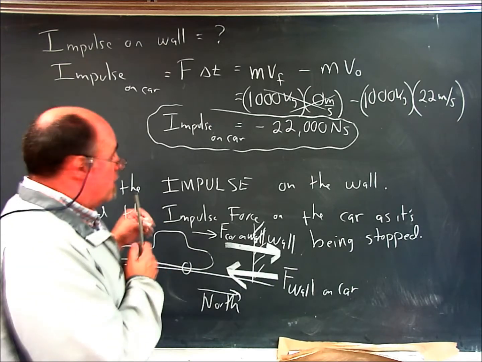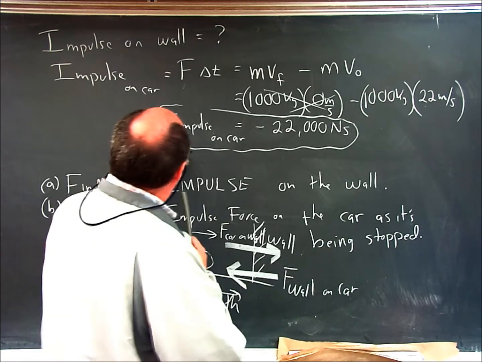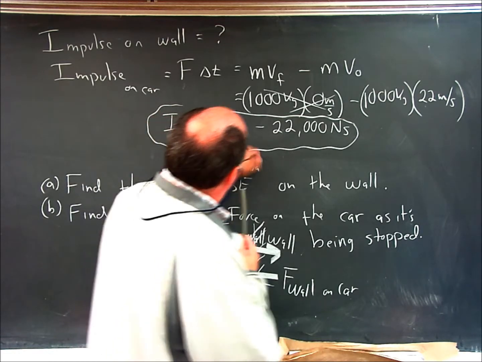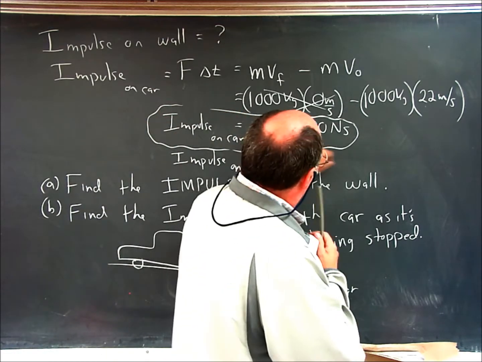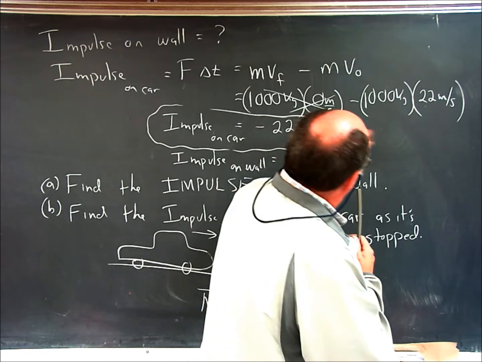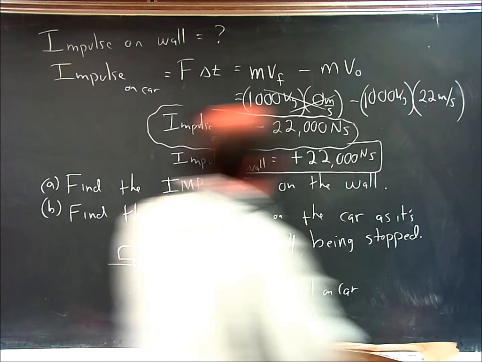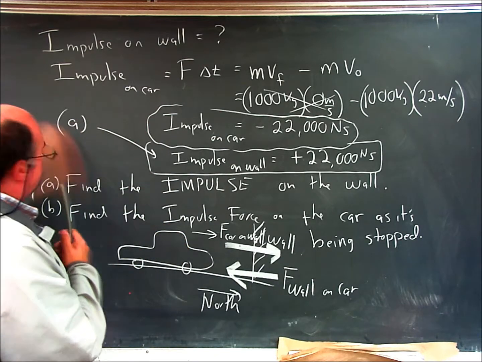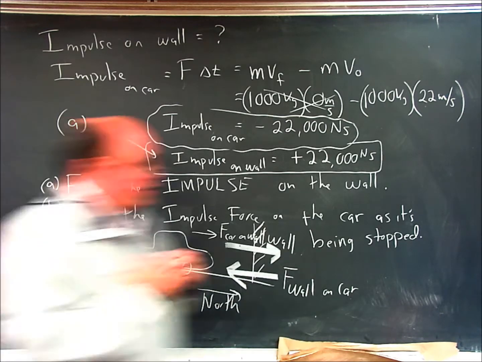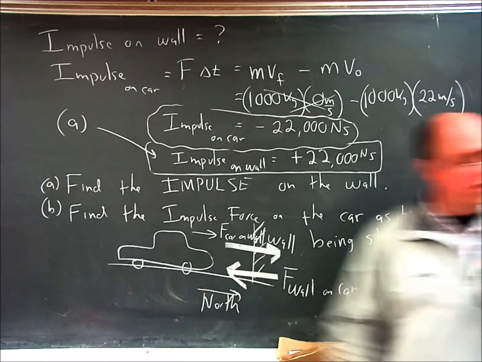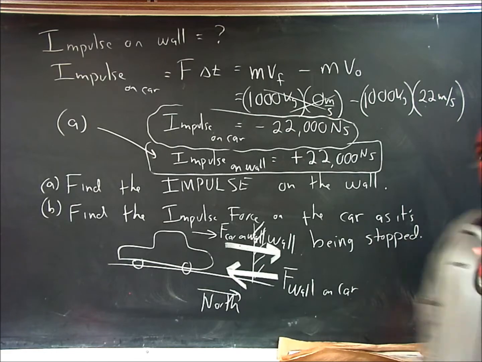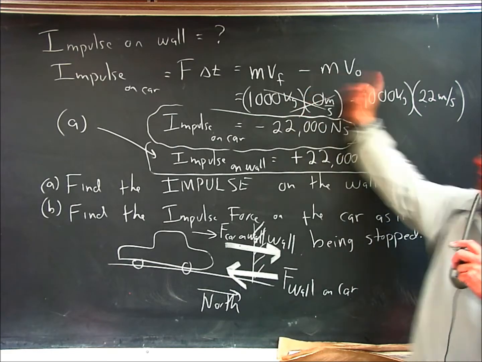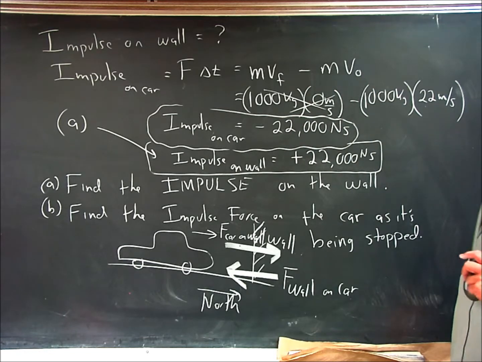So the impulse on the wall is going to be a positive 22,000 newtons seconds. So there's my answer for A. I was not actually able to calculate the impulse on the wall directly, so I used the car because I knew the car was moving and I knew what the two velocities were for the car, so I plugged it all in.